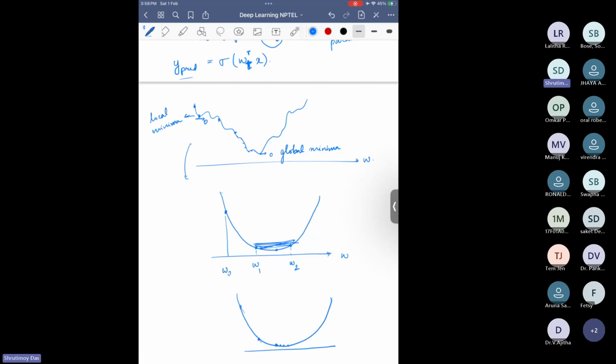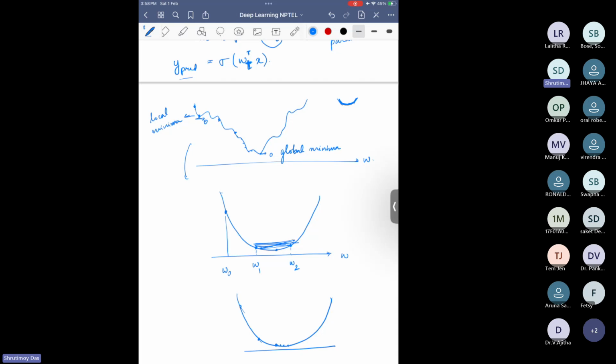Suppose your loss is 0.012, and after 200 more iterations it remains at 0.012. That means you are stuck at a minimum because you are not getting out of that. Then it may be possible that you are at a local minimum, but whether that is a global minimum or not, we cannot say.